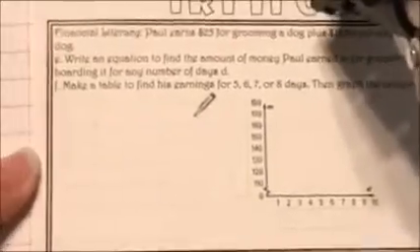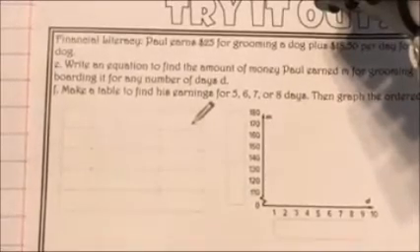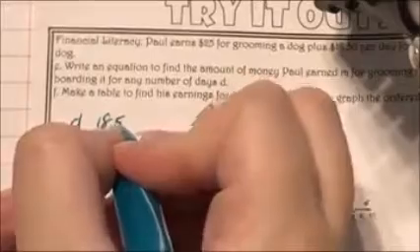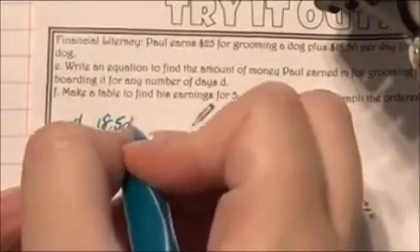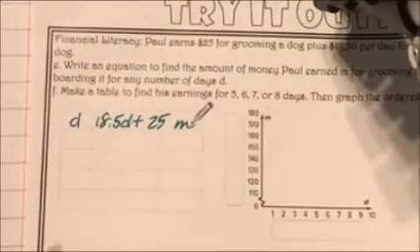Okay. Letter F says make a table to find the earnings for 5, 6, 7, or 8 days, then graph the ordered pairs. So D, my equation, and then M for the money he earned.